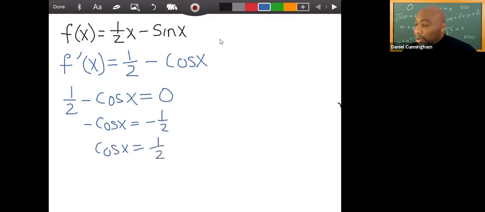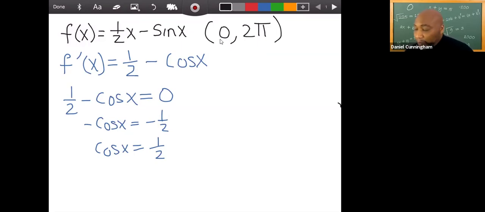Now again, we're looking between 0 and 2 pi. That's important, because that limits our answers; we could have infinitely many different answers if we didn't have an interval between 0 and 2 pi. So what x values between 0 and 2 pi give a cosine of x equals 1/2? We could do the arccosine on both sides to get x by itself. I've shown you that in previous videos and other videos that I have on our Mathlink website.